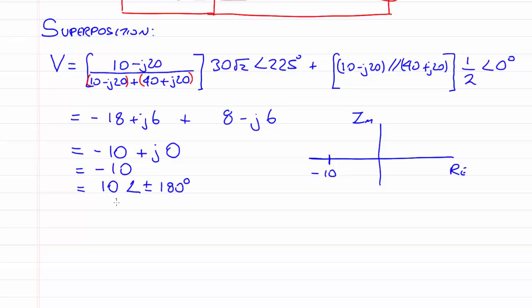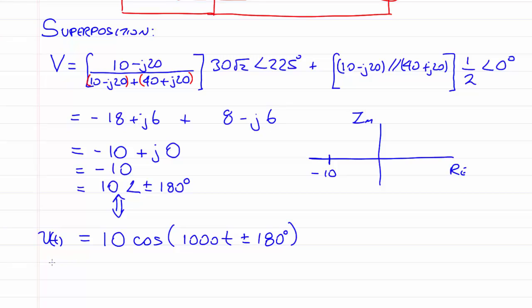So when we transform it into the time domain, our v of t, which is what we're looking for, will have an amplitude of 10. It's always a cosine. Omega, you'll recall from the start of the question, was 1000. So it's 10 cosine of 1000t plus or minus 180 degrees. And that completes the analysis.